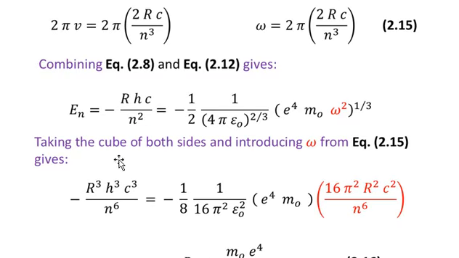After taking the cube of both sides, on the left hand side we have minus R cube h cube c cube over n to the power 6, which is equal to minus 1 over 8, and then we have 1 over 16 pi square epsilon naught square, and then we have this term e to the power 4 m naught, and then we are left with omega square. The omega square value is substituted using equation number 15, which is shown over here. This term shown in red is omega square.